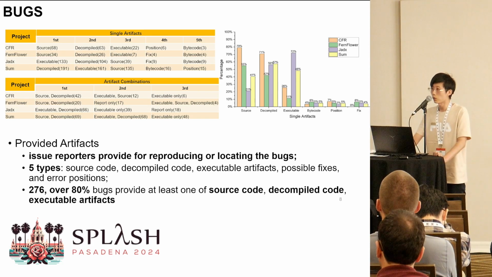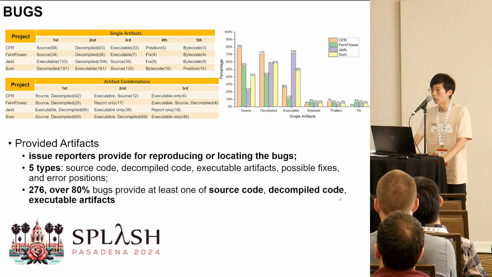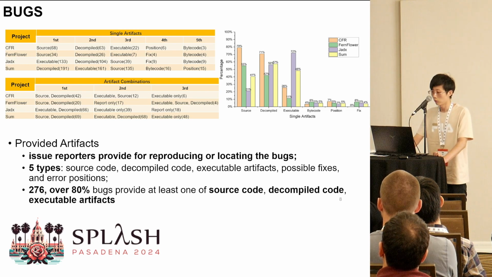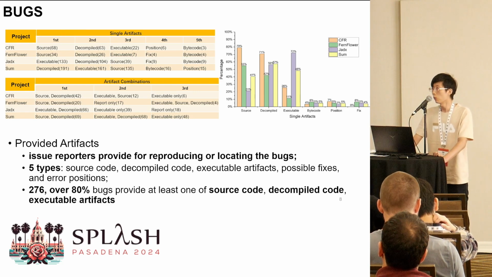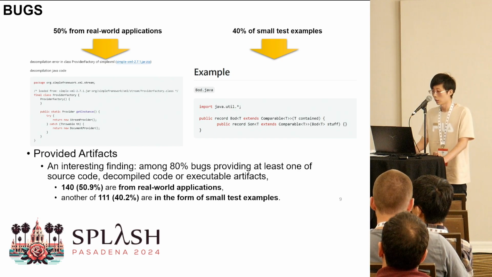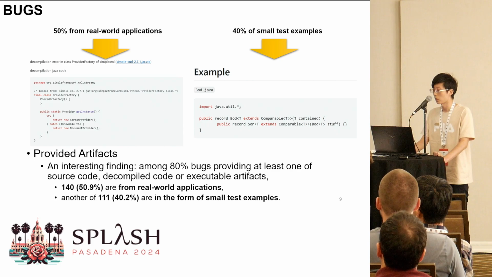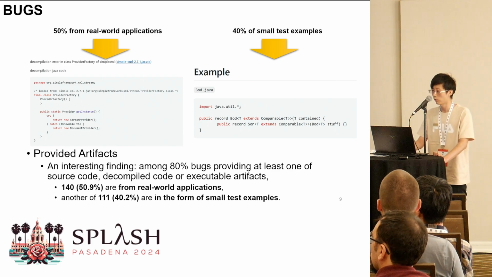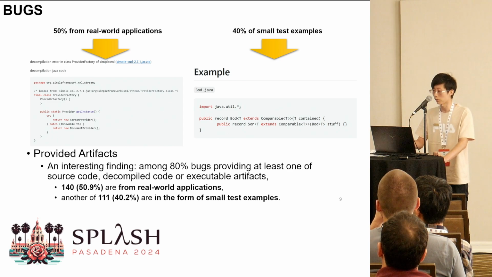276 bugs, that is over 80%, provide at least one of the source code, the compiled code, and the executable artifacts. Furthermore, we investigated these 80% of bugs further, and we found that half of them are from real-world applications, and 40% of them are in the form of small test examples, maybe potentially written by the issue reporters themselves.